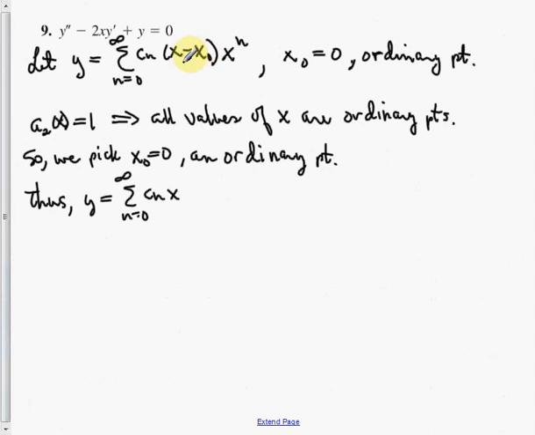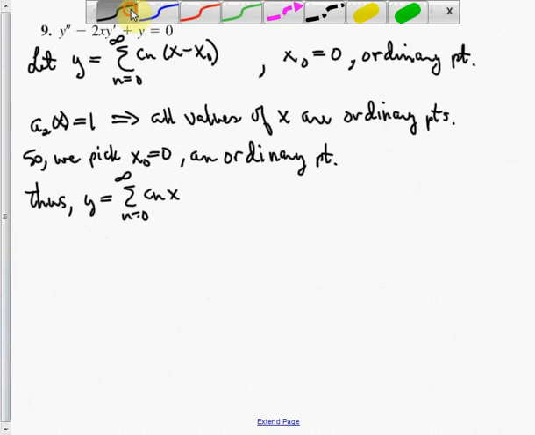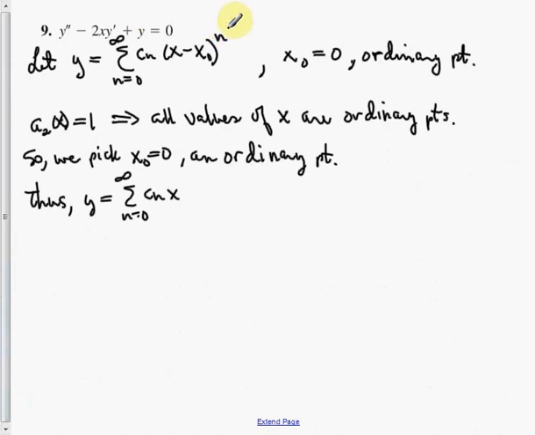I apologize, I'm thinking about section 6.3. So here x naught is 0, so I just end up with x to the nth power.